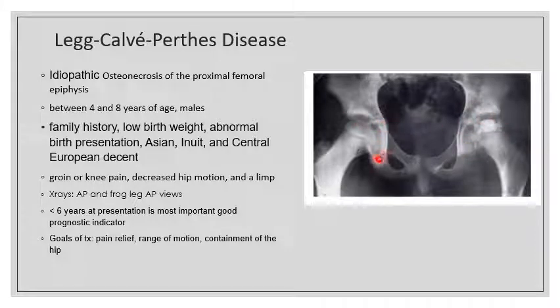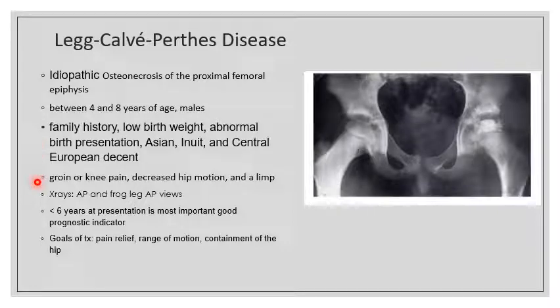There's actually a Catterall classification system based on the fragmentation of the femoral head. This is common in those with family history, low birth weights, abnormal birth presentation, Asian, Inuit, and Central European descents.